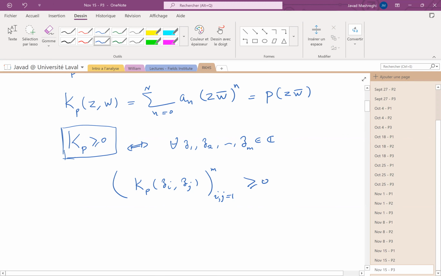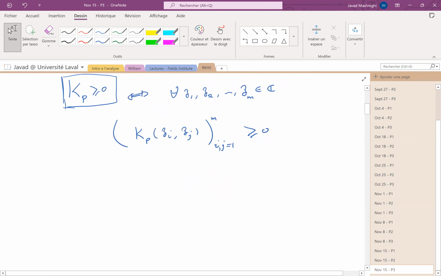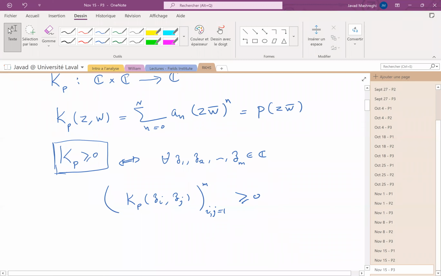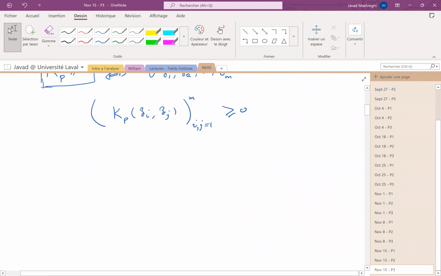And why is this the case? First of all, we have seen this before, at least when P is a polynomial of degree 1, when just P of Z is equal to Z W bar. We have seen this before. But in the general setting, what do we obtain?